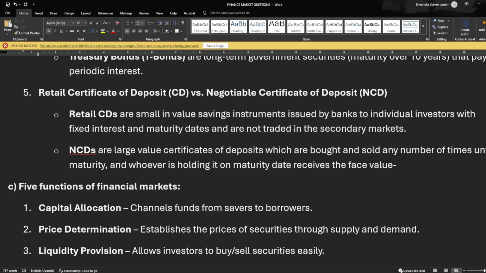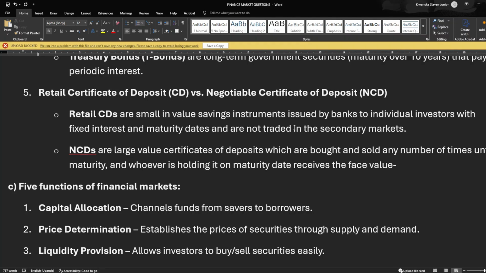Then we have negotiable certificates of deposit. These are large-value certificates of deposit which are bought and sold any number of times until maturity. Whoever is holding it at maturity receives the face value.